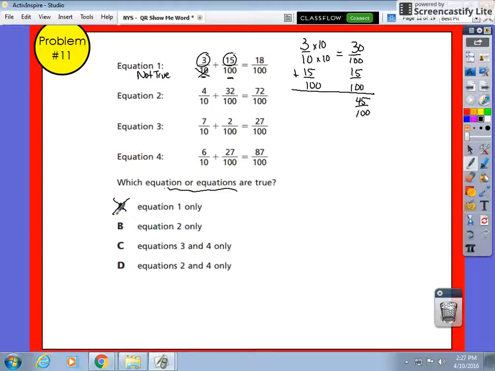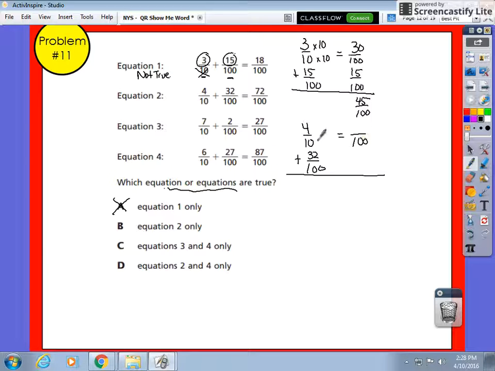Now I'm going to think about equation number 2. Now when I look at equation number 2, I notice that they didn't just add the numerators. So that's good. I now need to think about 4/10 plus 3200. So when I think about 4/10 and 3200, I know that my common denominator is going to be 100.